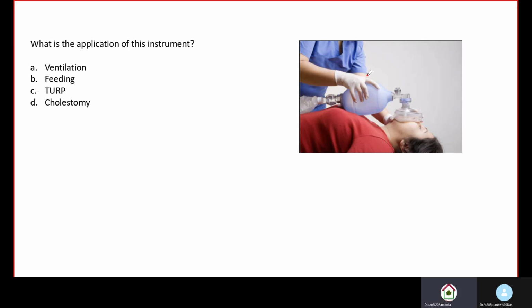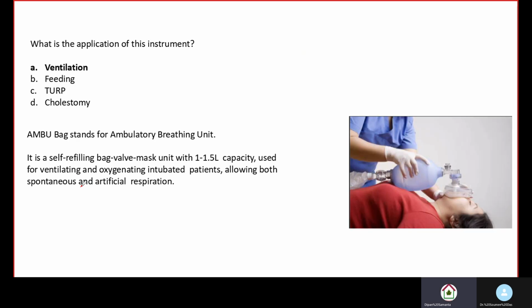So this instrument is ambu bag, and the application of ambu bag is ventilation. The word ambu is an abbreviation for ambulatory breathing unit.